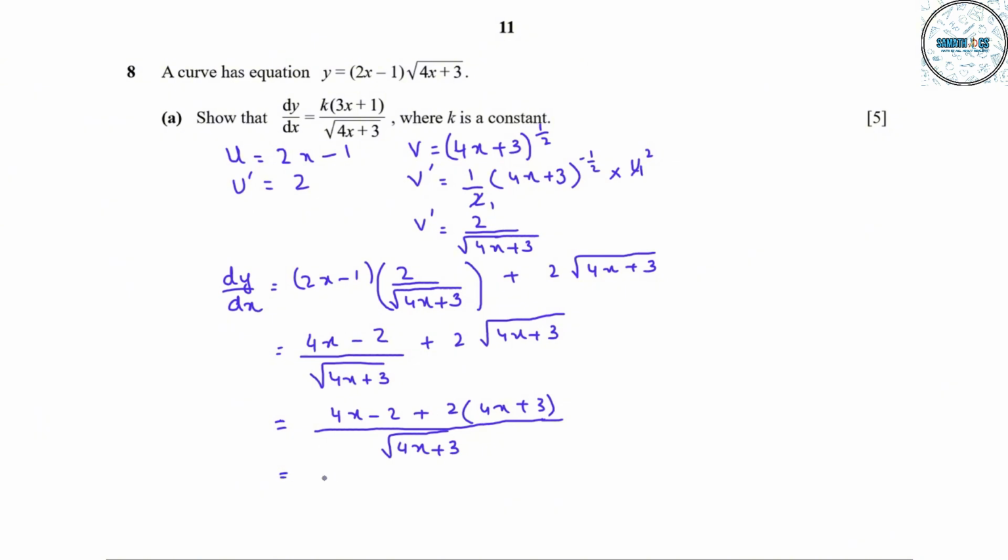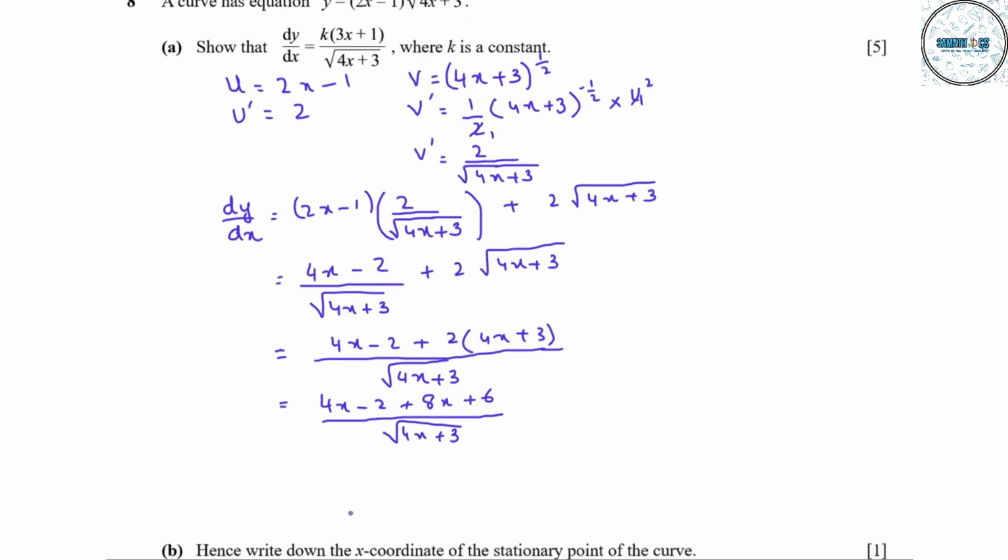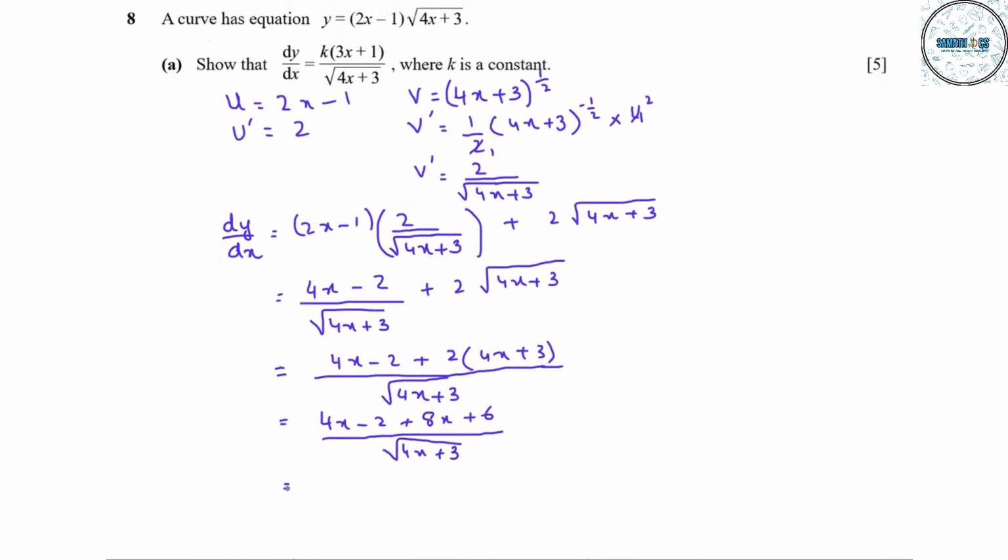Now we will simplify: 4x - 2 + 8x + 6 upon √(4x + 3), which is further equal to 4x + 8x is 12x, -2 + 6 is +4, divided by √(4x + 3).